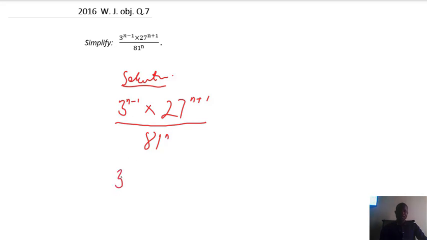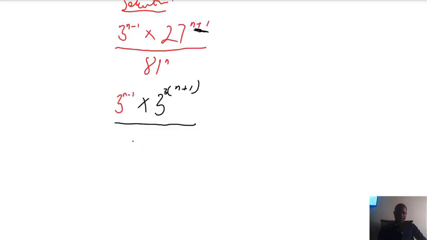So we still have our 3 exponent n minus 1 here, and 27 can be written as base 3 with exponent 3, and this exponent 3 will multiply the exponent here. So we have n plus 1 here, all divided by 81, which can also be written as 3 exponent 4, but already we have an exponent of n there, so the 4 will multiply the n.